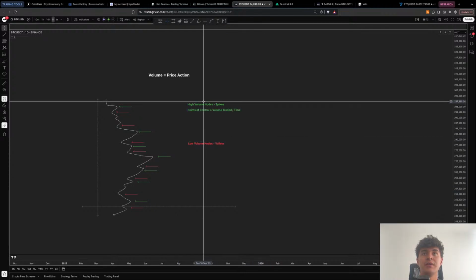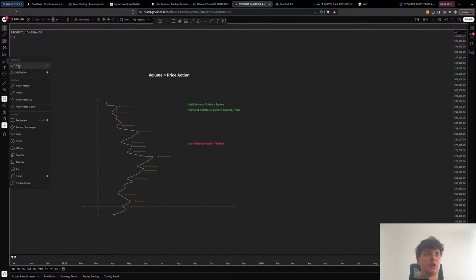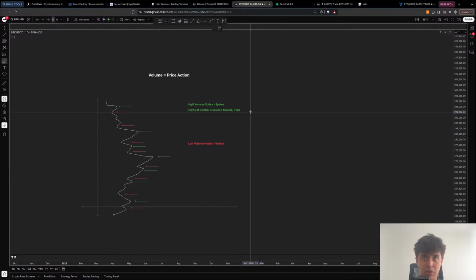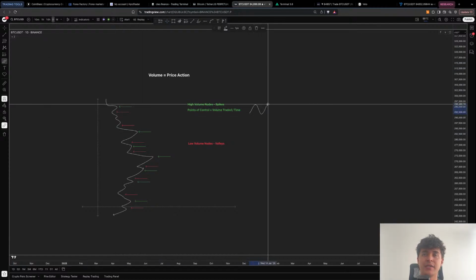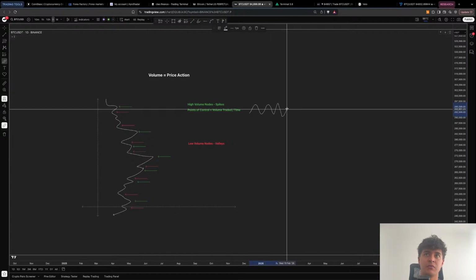That means the normal price action we often see on these high volume nodes is range formations. Why?